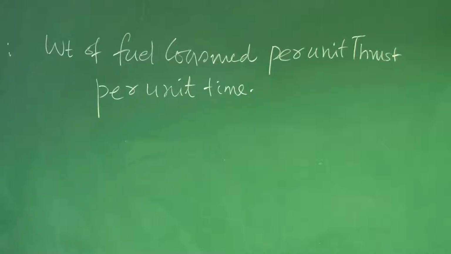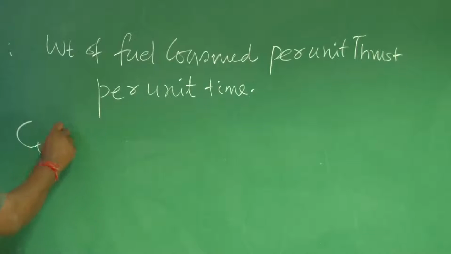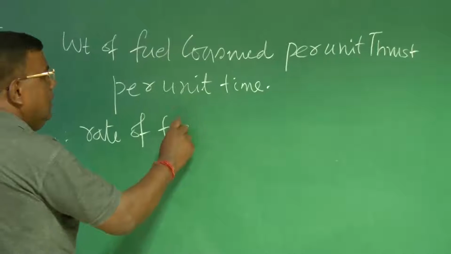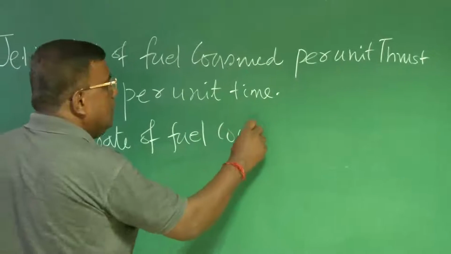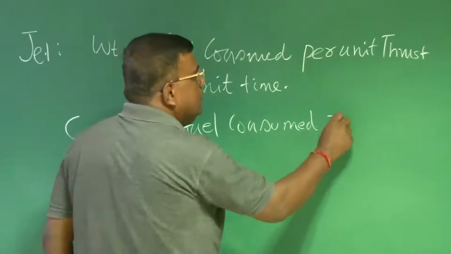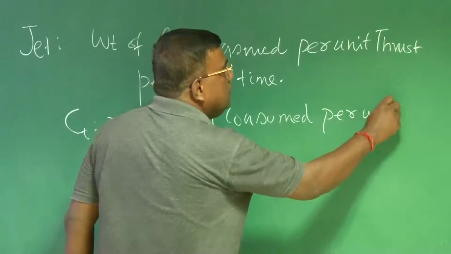So typically, CT is the rate of fuel consumed per unit thrust.